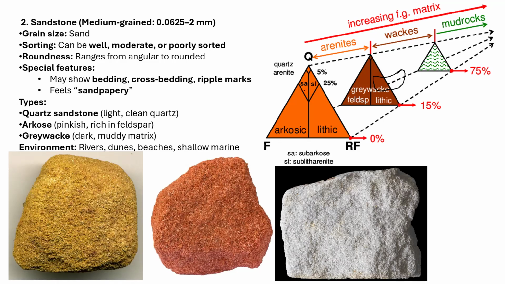For example, if you were to go to the Karoo Basin, you would see a lot of ripple marks and cross bedding. That will help you to know that these are indeed sand materials.